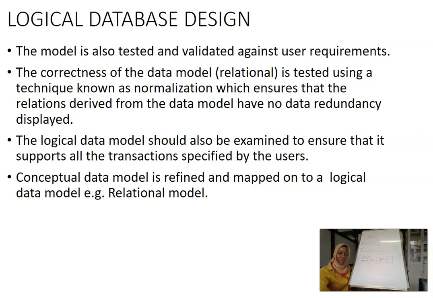So the logical data model should also be examined to ensure that it supports all the transactions that are specified by the user. So the conceptual model is refined and mapped onto the logical data model to get what we call a relational model. The word relation is sometimes referred to as a table, and a table is a stream of rows and columns.